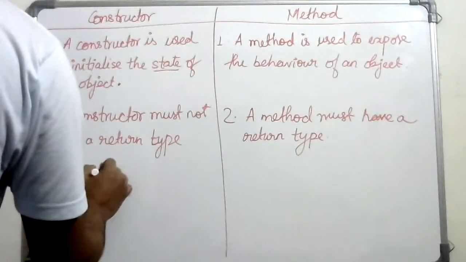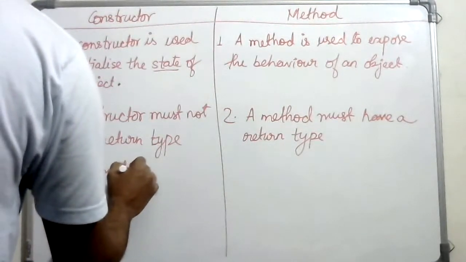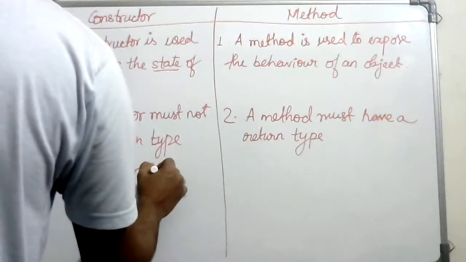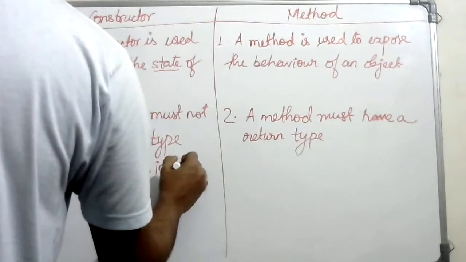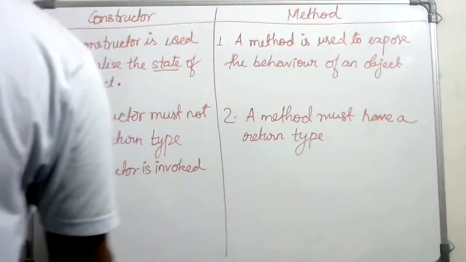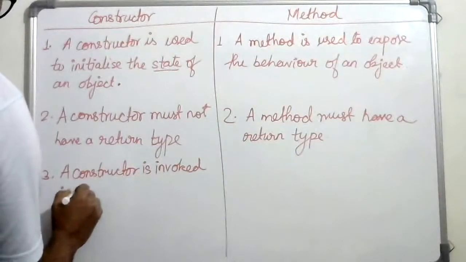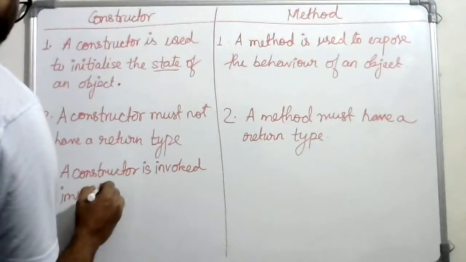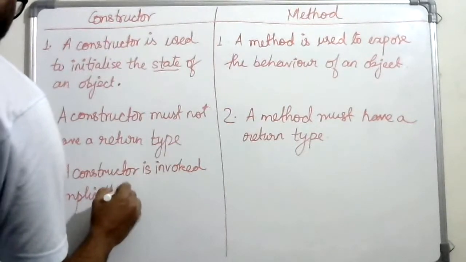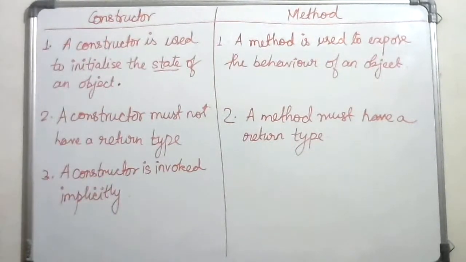The third difference: a constructor is invoked implicitly, which means it is invoked by default whenever you create an object. It's in the very definition of creating an object.